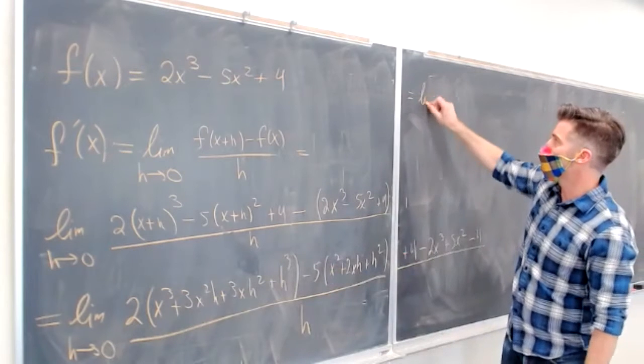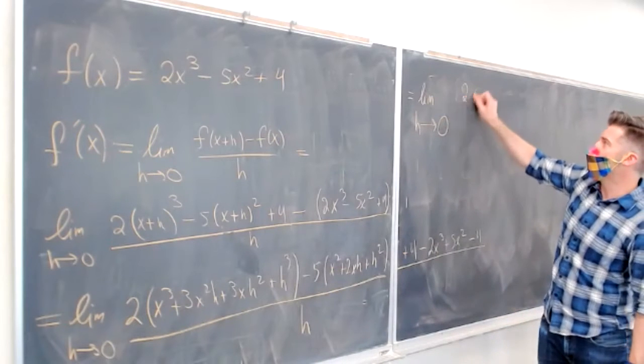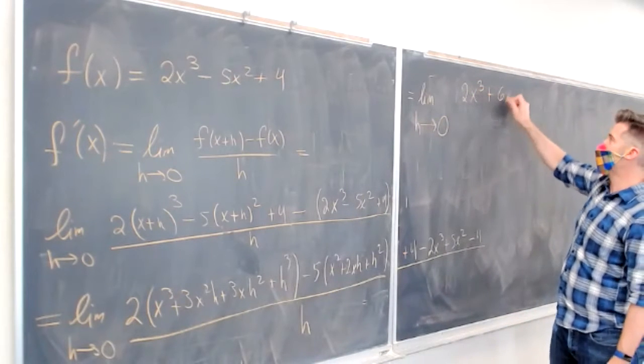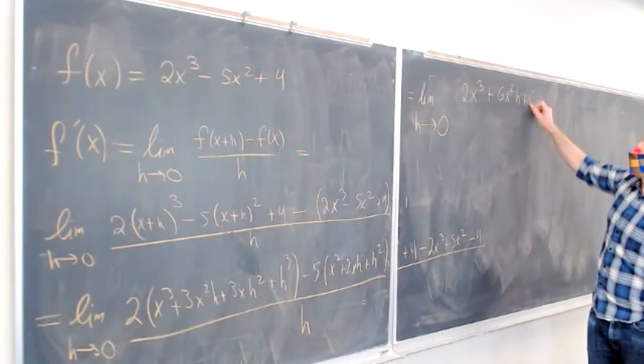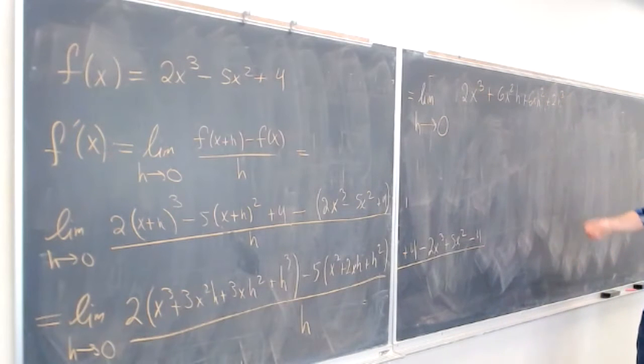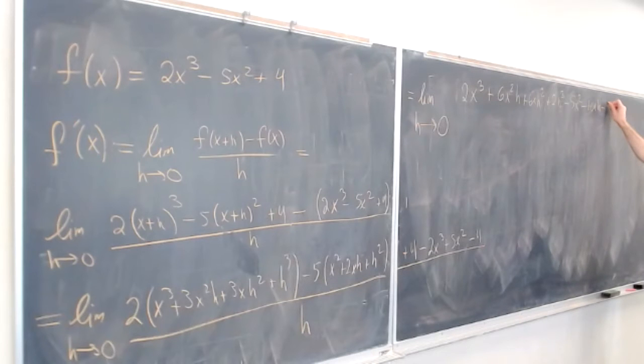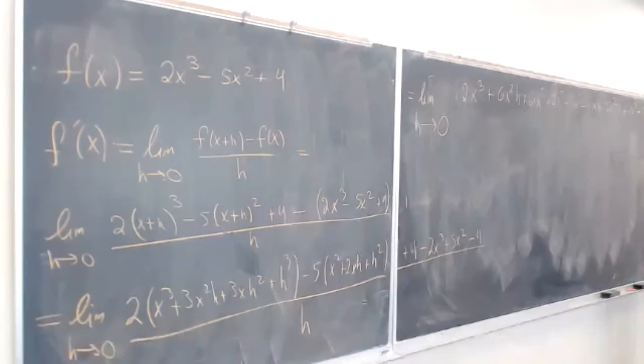This is going to equal the limit as h goes to 0. All right, I got 2x cubed plus 6x squared h plus 6x h squared plus 2h cubed minus 5x squared minus 10xh minus 5h squared plus 4 minus 2x cubed plus 5x squared minus 4, sorry. Okay.